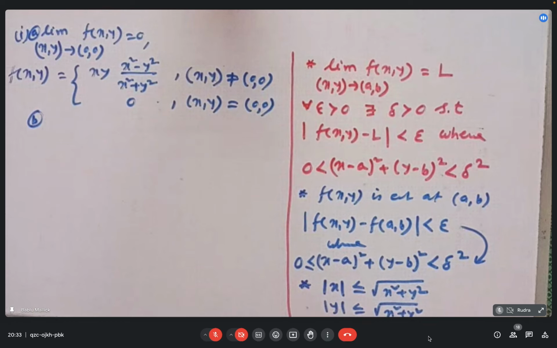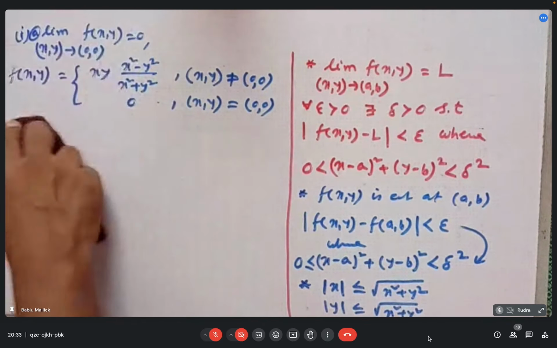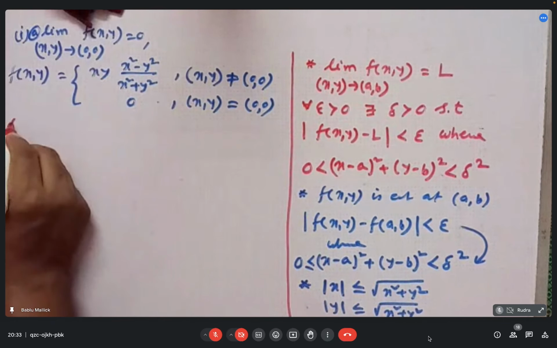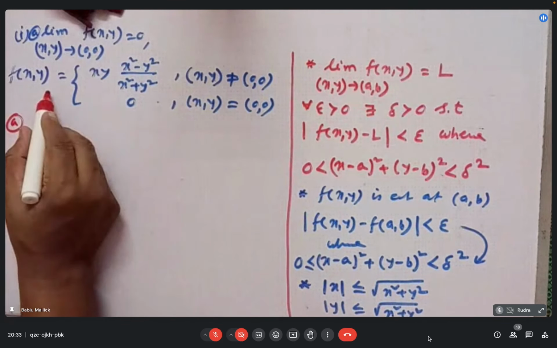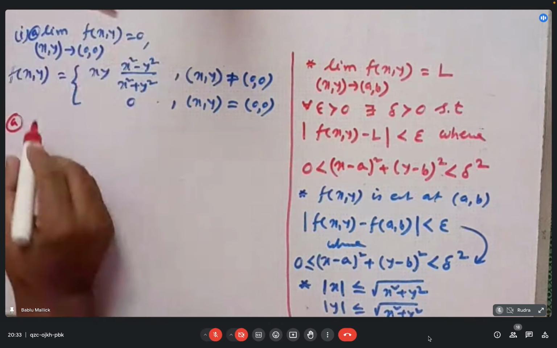So here I have given both a limit question and a continuity question. First look at solution A. Here f(x, y) is given, and we shall show that this limit is 0.